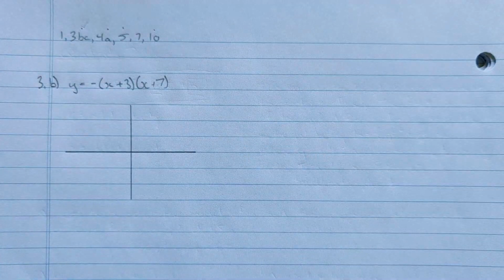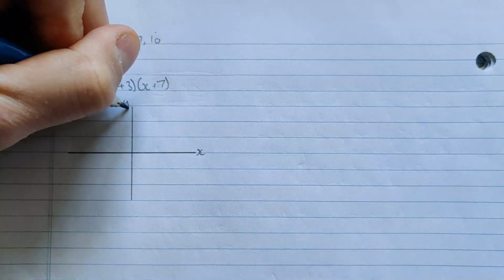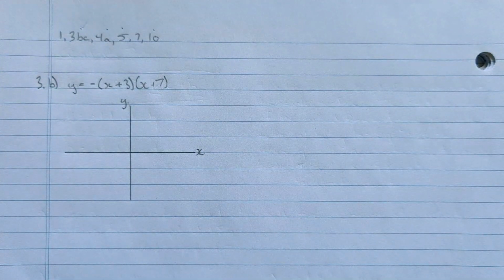So I'll do a quick set of XY axes, and we want to put a few key points there. We want the x-intercepts and the vertex.